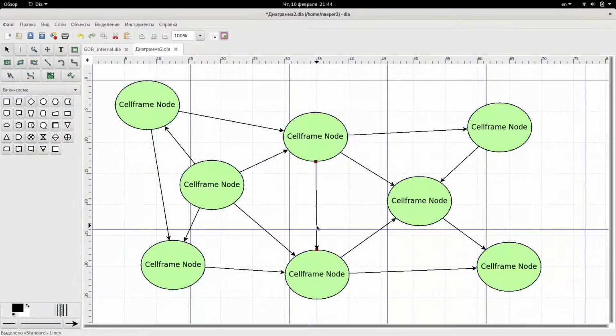I think this we don't need, because there are too many links. Here we need it. Here we need it. Here we don't need it.